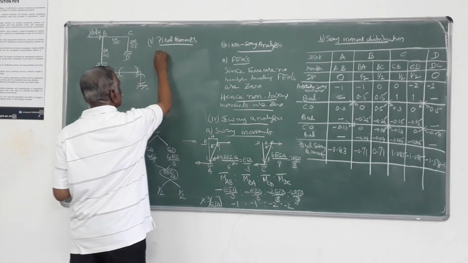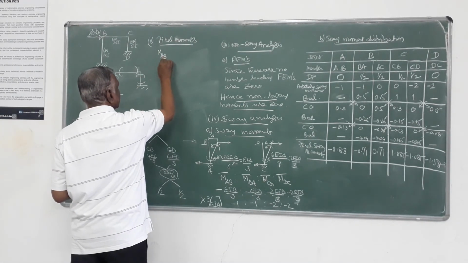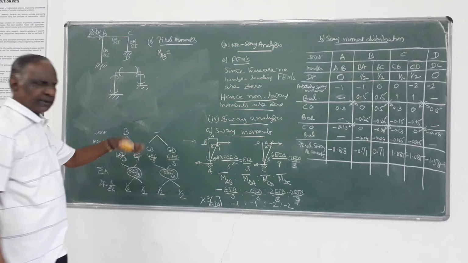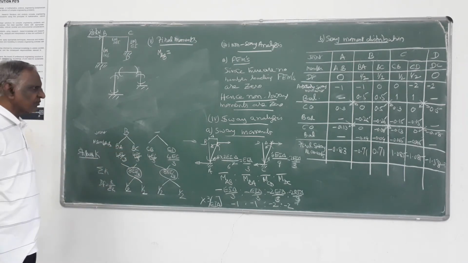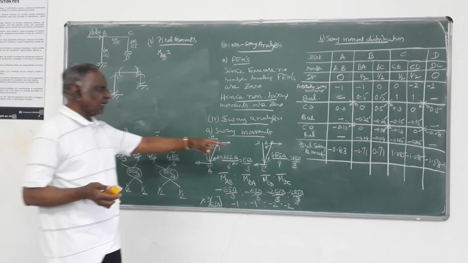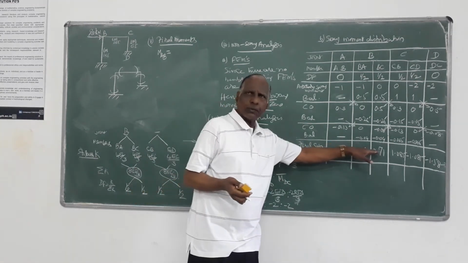So MAB is equal to MAB non-sway plus MAB sway. As usual, this is due to arbitrary sway.